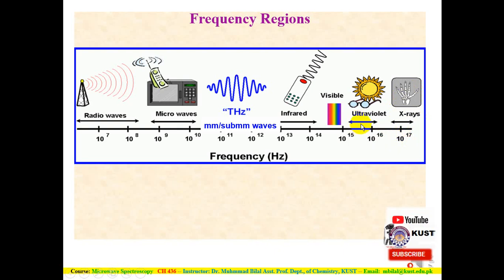Next is the ultraviolet and visible region. The radiation of this region can cause electronic excitation. Infrared radiation produces a change in the vibration of the molecule, while the microwave region can cause a change in the rotation of the molecules.